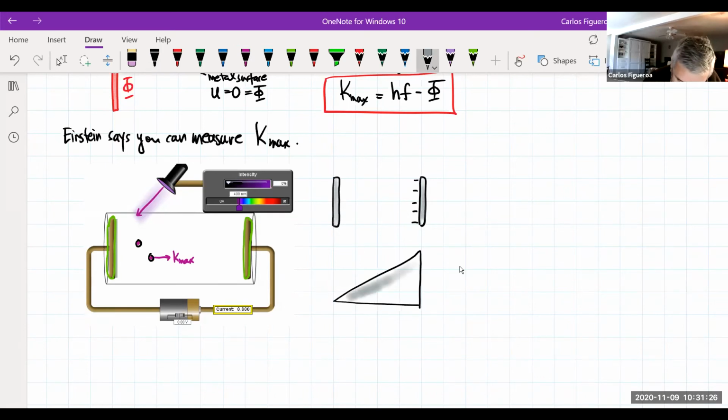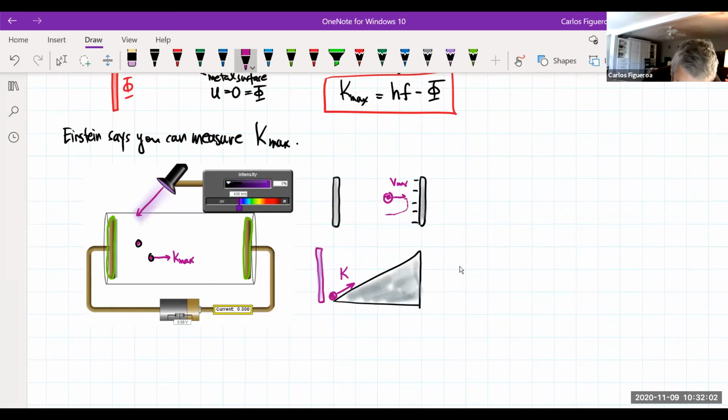So if I now look into the potential picture, I now have electrons that are at the bottom of the ramp, and I shoot them with some kinetic energy. In other words, with that amount of kinetic energy, right? That's what we mean. And so when the electrons get all the way up to the top here, they get turned around, but they have K max at the very end.